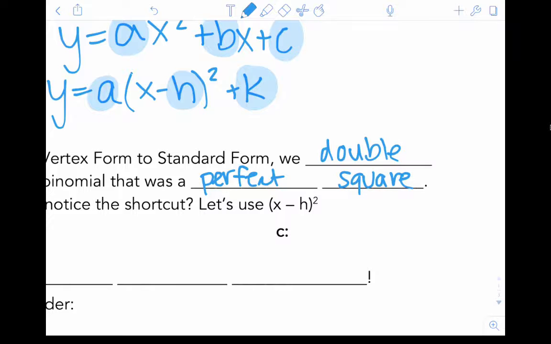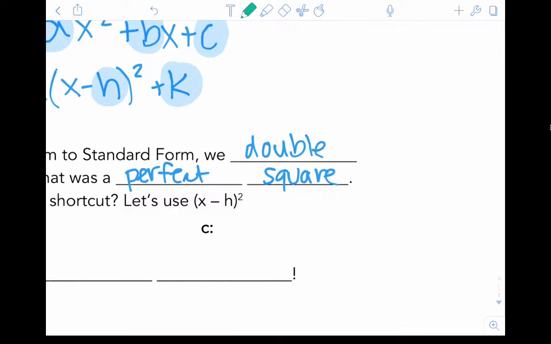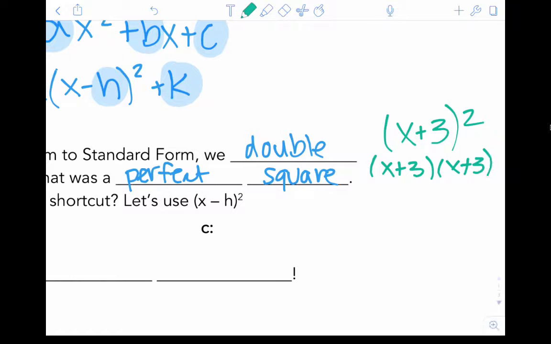So for example, that first step, we had something like x plus 3 squared, and we double distributed. So we wrote it as x plus 3 times x plus 3. And so it became x squared plus 3x plus 3x plus 9, which is x squared plus 6x plus 9.